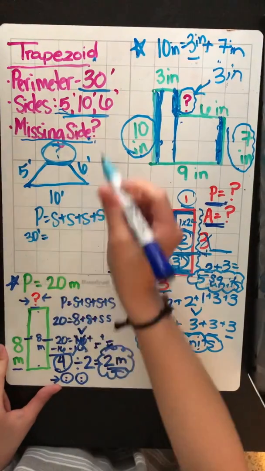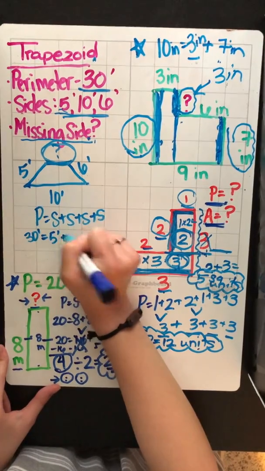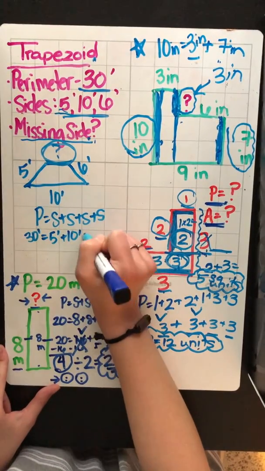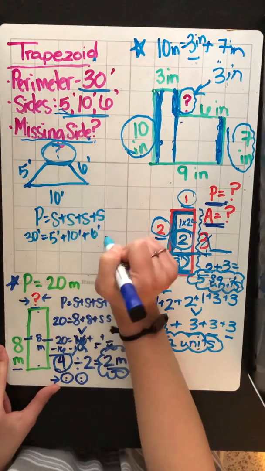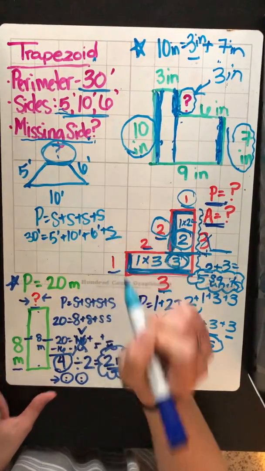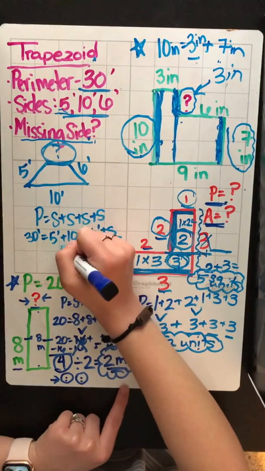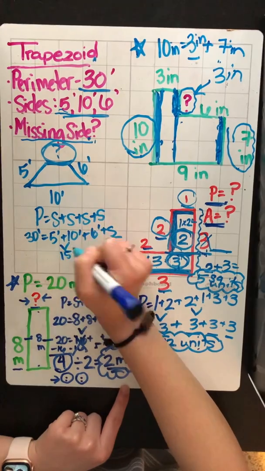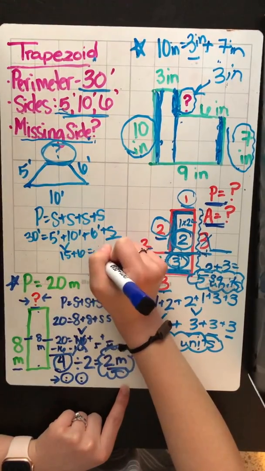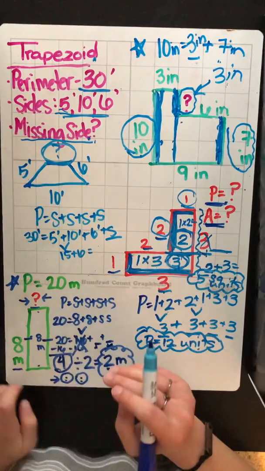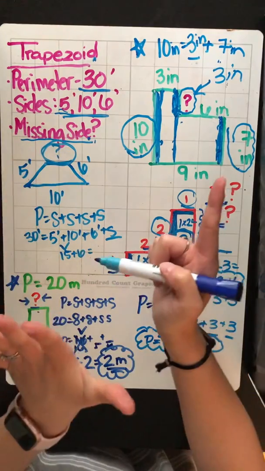So here I know 30 feet equals my side length here, 5 feet, plus 10 feet, plus 6 feet. Now I still have my missing side, so I'm just gonna fill that in just so that I remember. And now I'm gonna add up what I know already. 5 plus 10 equals 15, plus 6 equals, I'm gonna count up just to make sure, 15, 16, 17, 18, 19, 20, 21.